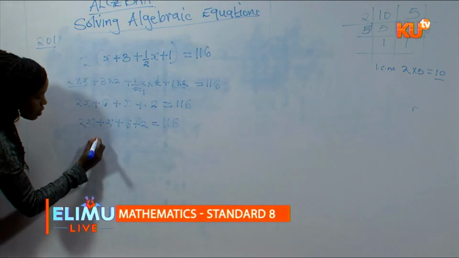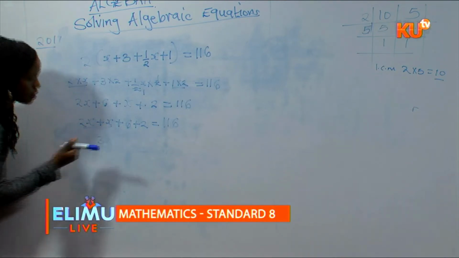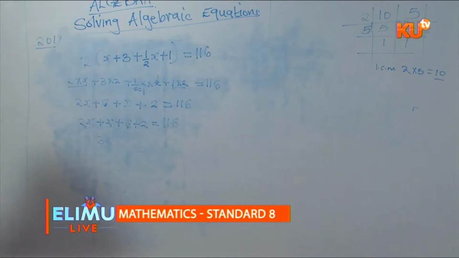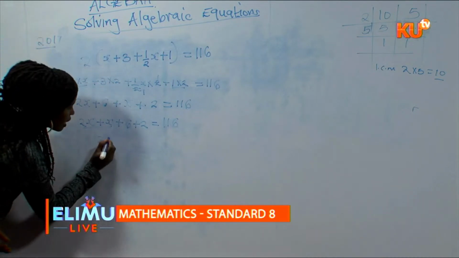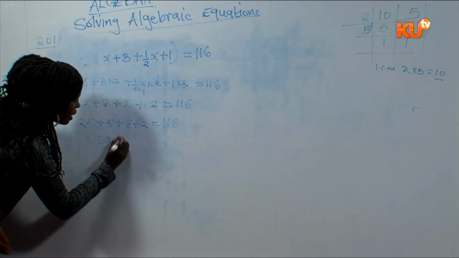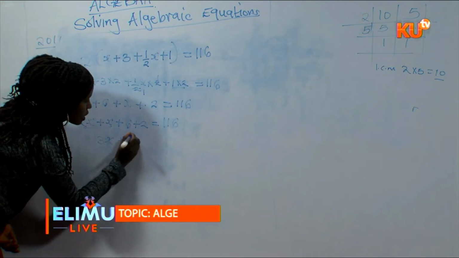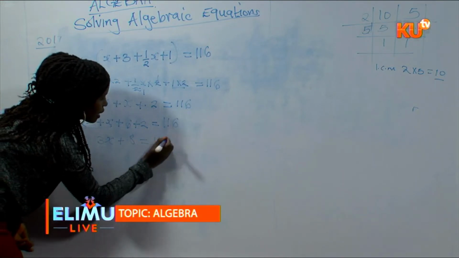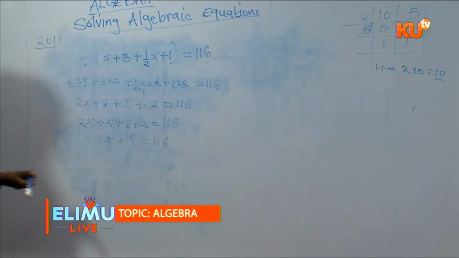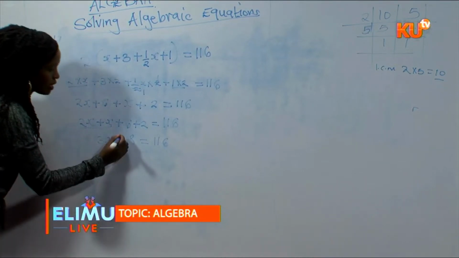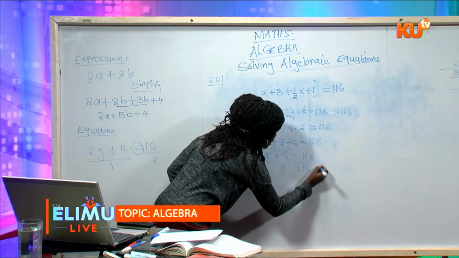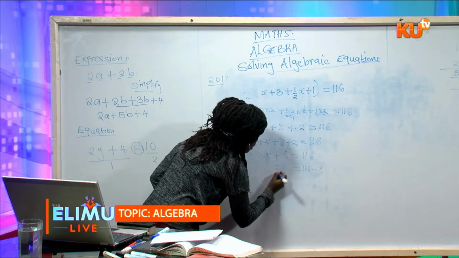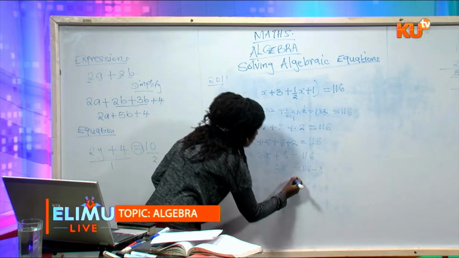So here we get 3x plus 6 plus 2 is 8 is equal to 116. So this is plus 8. I take it to the other side. I'm going to have 116 minus 8, and this side I remain with 3x.